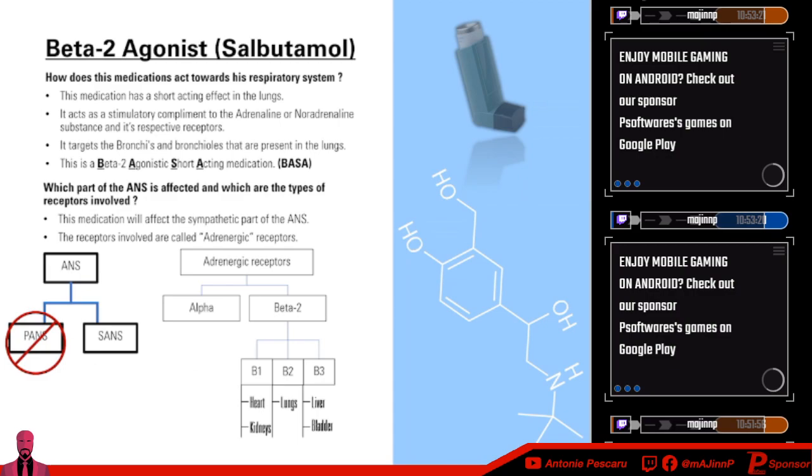The second is beta 2, and you're going to have a high concentration of beta 2 in the lungs. There's a lot of beta 2 in the lungs, and that's what our beta 2 agonist salbutamol, or albuterol, however you want to pronounce it, is going to affect. That's our main target. And then finally, beta 3, which are found in the liver and in the bladder.